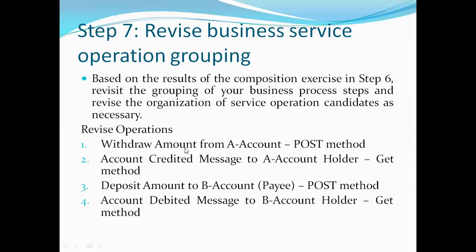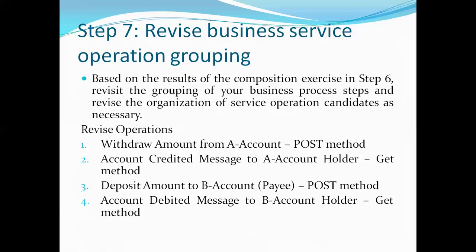So after the withdrawal, the credited message is received by A, then you execute the deposit method. So the deposit amount service, then you execute. I have changed the sequence number from 2 to 3 for this particular step, depositing the amount to B's account with the help of the post method.